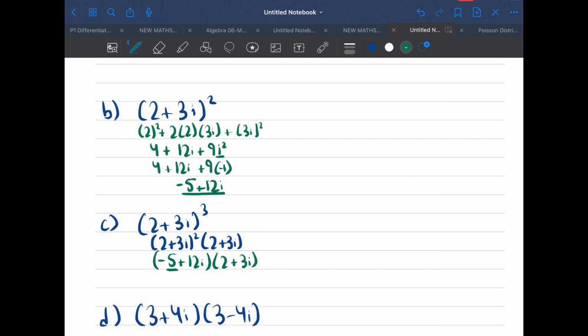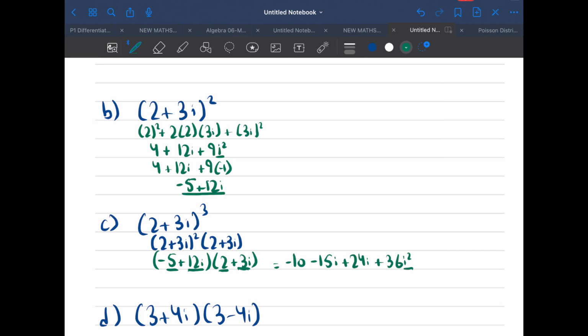Now let's multiply. Minus 5 into 2 is what? Minus 10. Minus 5 into 3i is what? Minus 15 iota. Plus 12i into 2 is what? 24i. Plus 12i into 3i is what? 36i square.